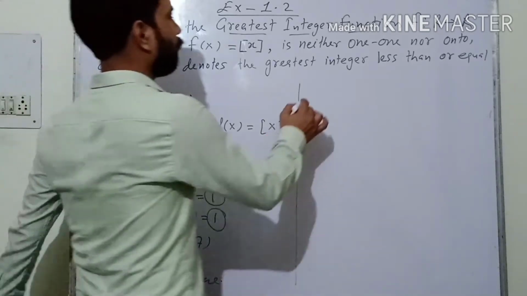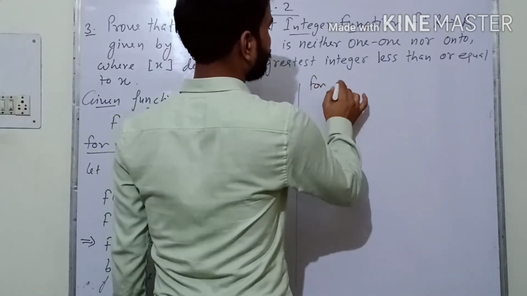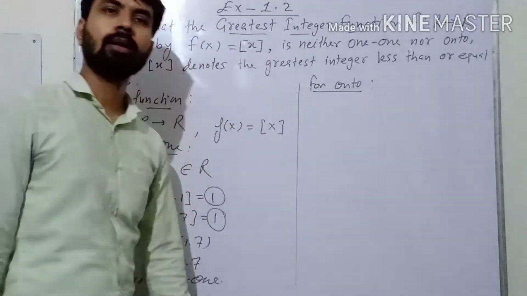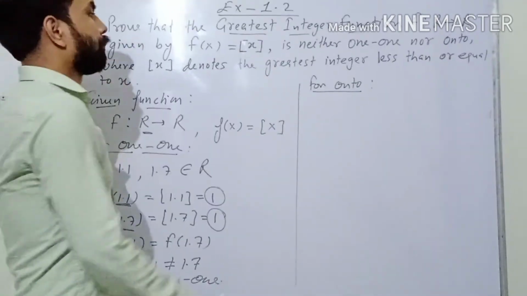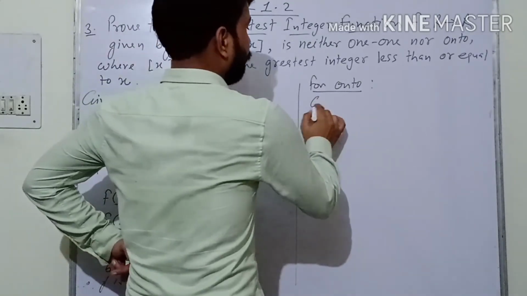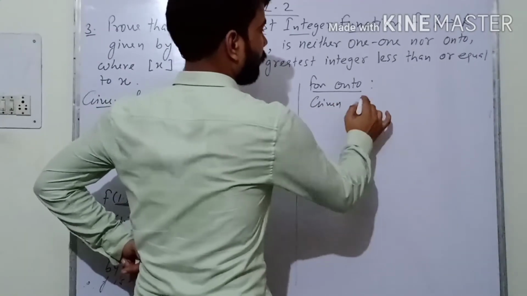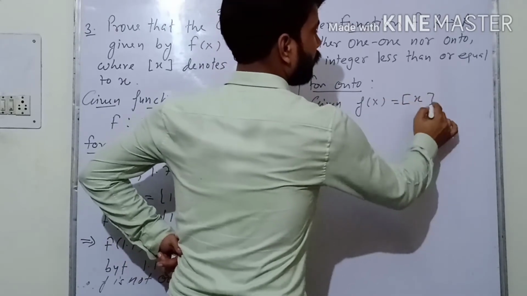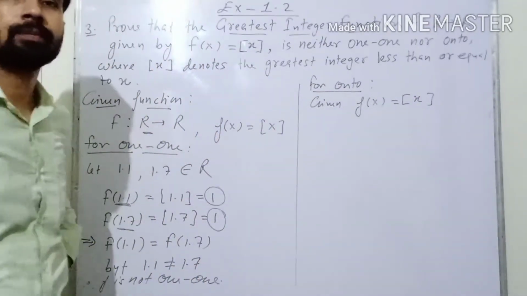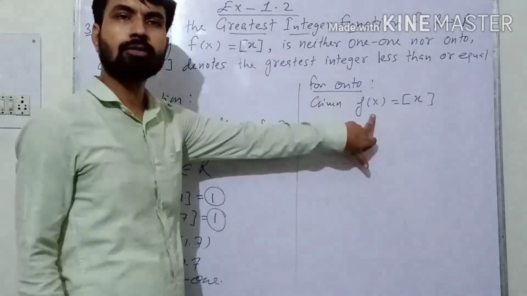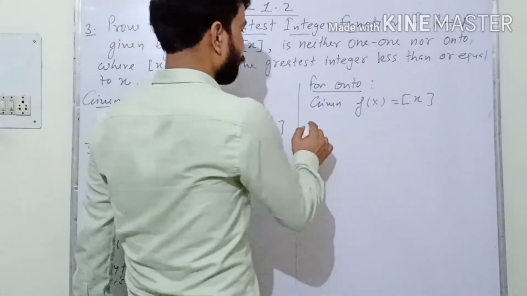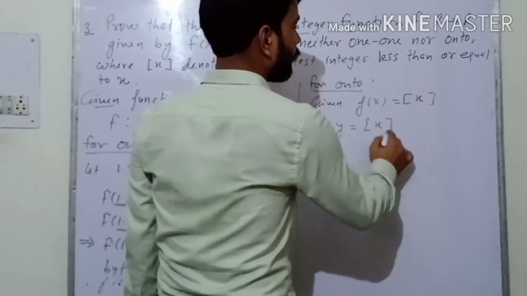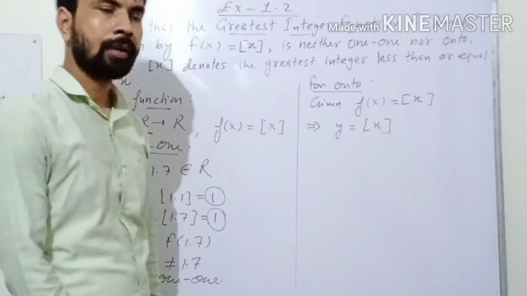Now see for onto. Given that f(x) equals the greatest integer x, I told you we will consider f(x) as y. That implies y equals the greatest integer x.